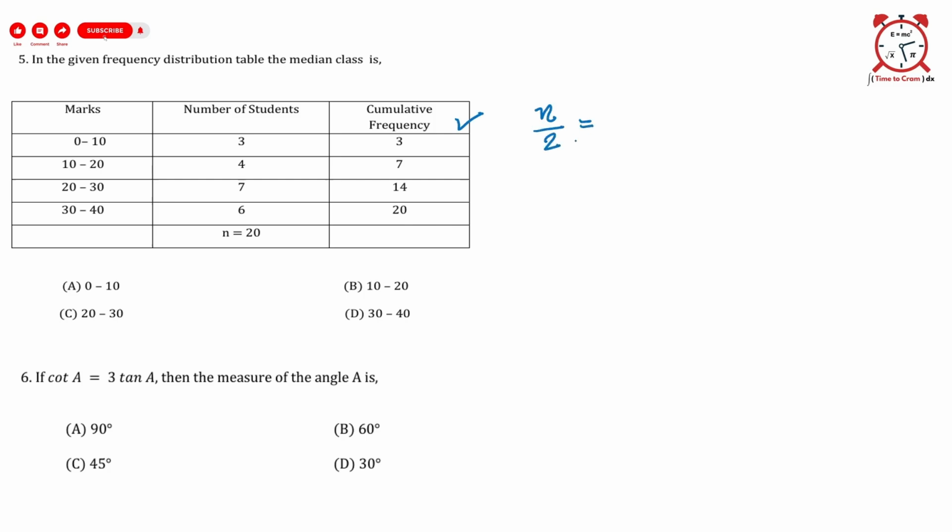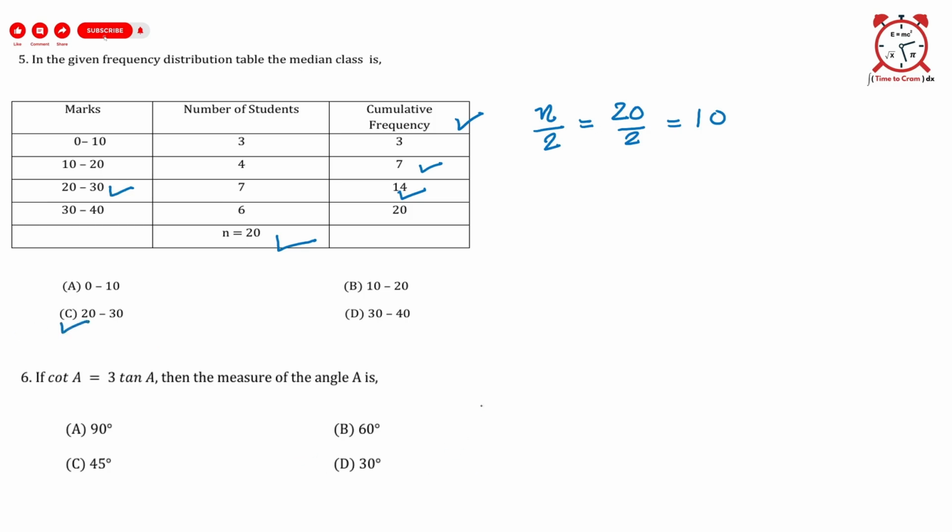So here n is given as 20. So 20 by 2 equal to 10. So 10 is not here because it is up to 7 only. So 10 will be included here. So that is why the median class is 20 to 30. So our answer is 6.